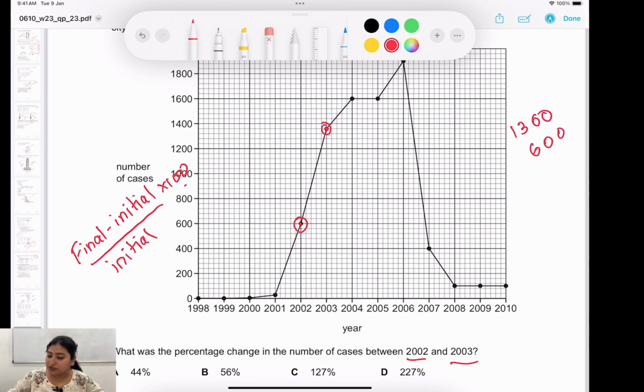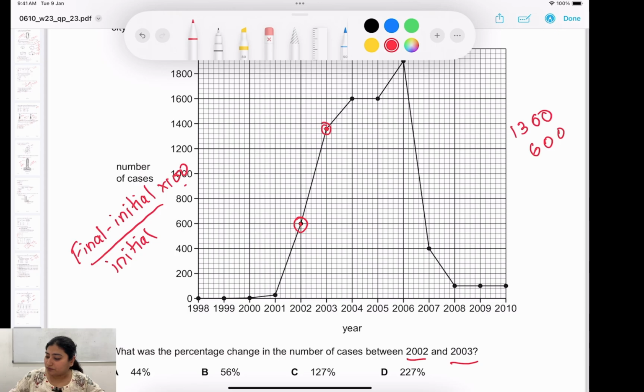Now I'll just use a calculator to do this. So this is 1360 minus 600, that is 760, divided by 600, into 100. Okay, so you have to do this.